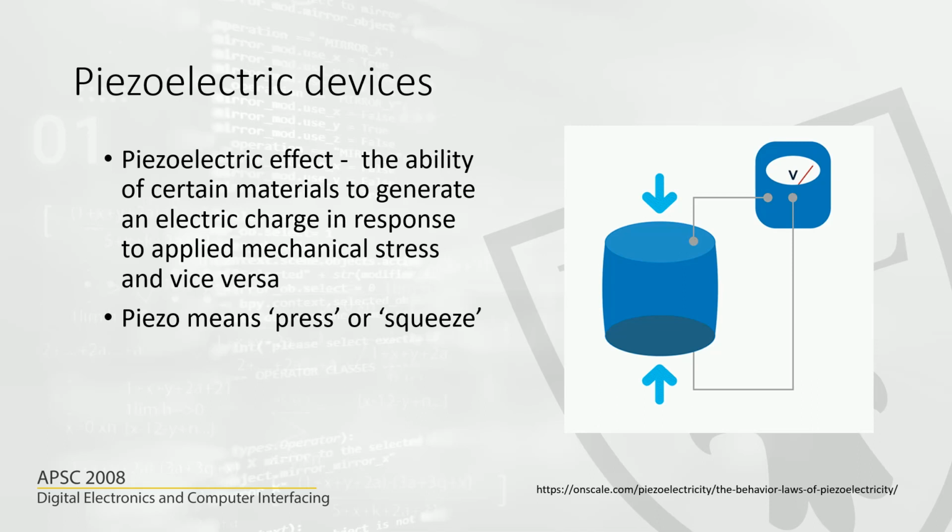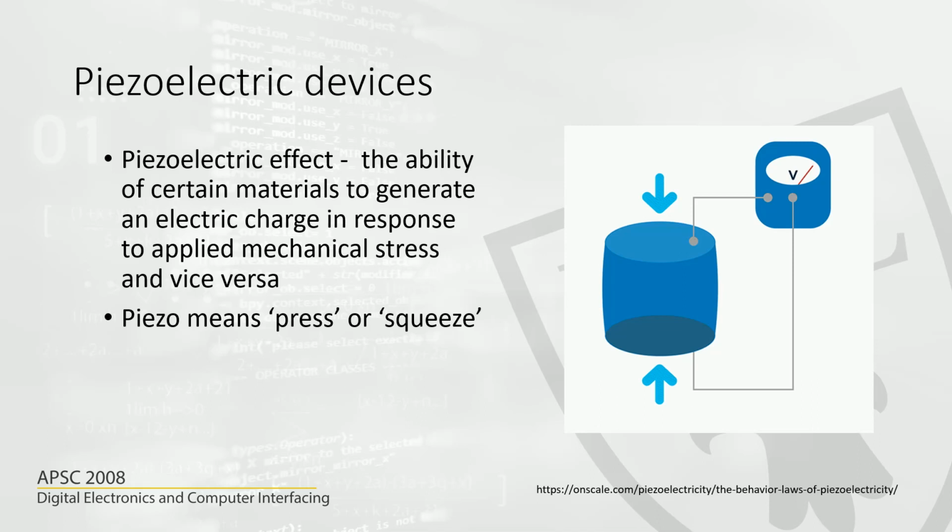The piezoelectric effect is the ability of those materials to generate an electric charge in response to mechanical stress, and the opposite is true as well. If you apply a voltage across these devices, they start to vibrate, and that's how they oscillate.